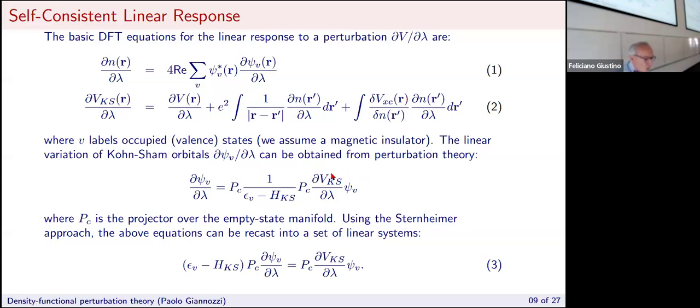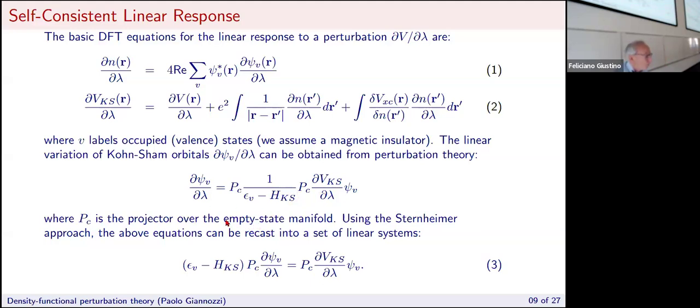Now, this is the perturbing potential screened by the linear response itself. This is 1 over epsilon_V minus epsilon_C, summed over epsilon_C. It's written in this way because it's actually absolutely the same.